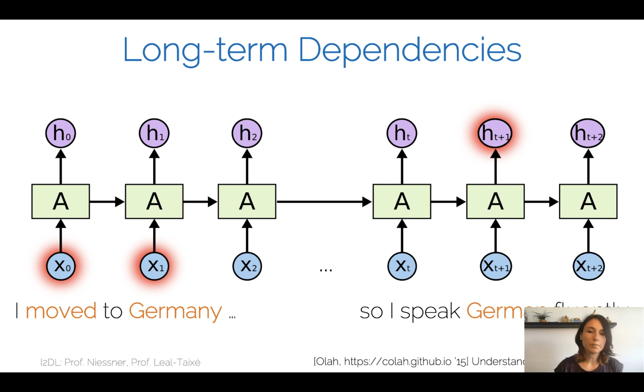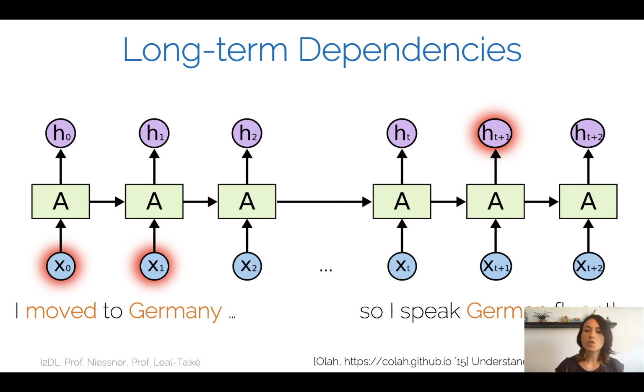that this word that should be predicted is German. Now, when this happens, one of the hard things of these long-term dependencies is to keep enough information in these hidden states from x0 and x1 so that at t+1 we can predict the correct output.